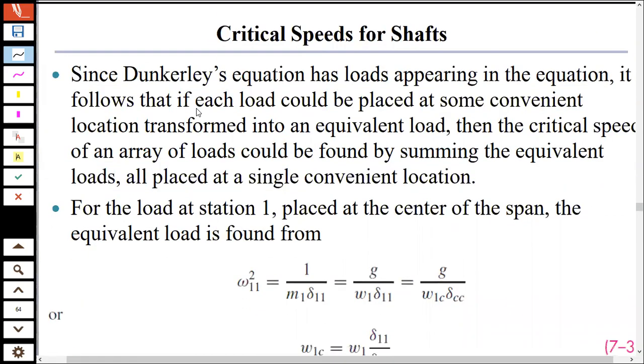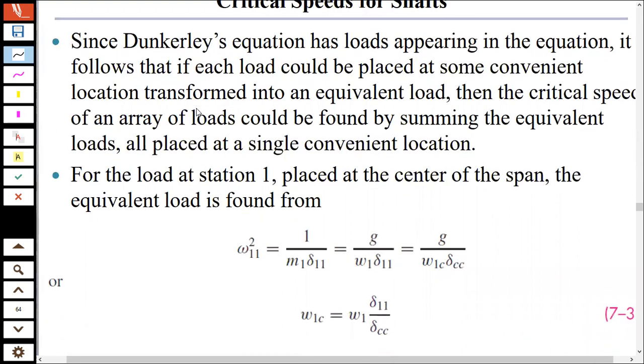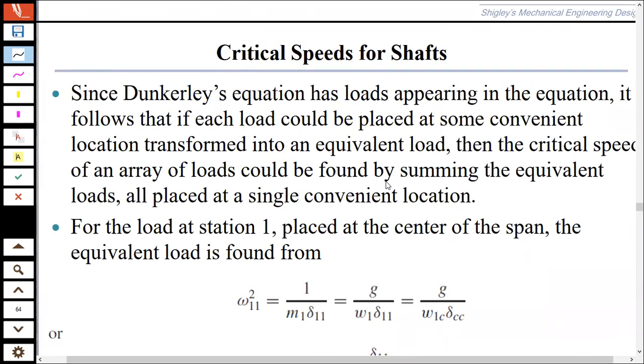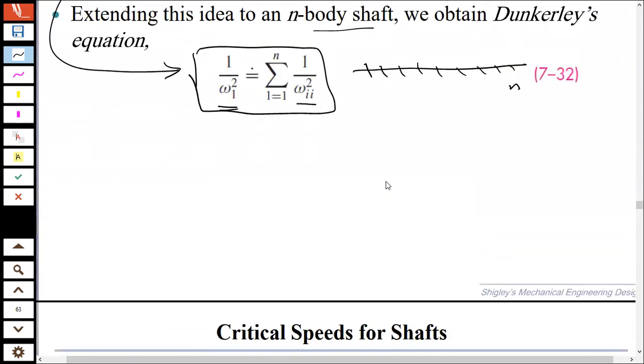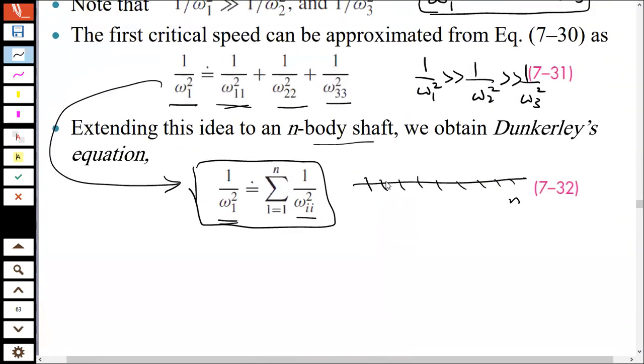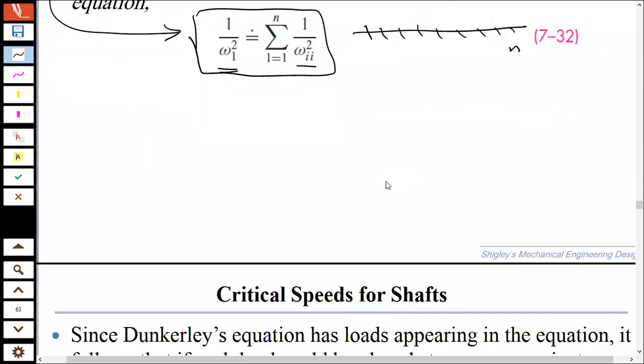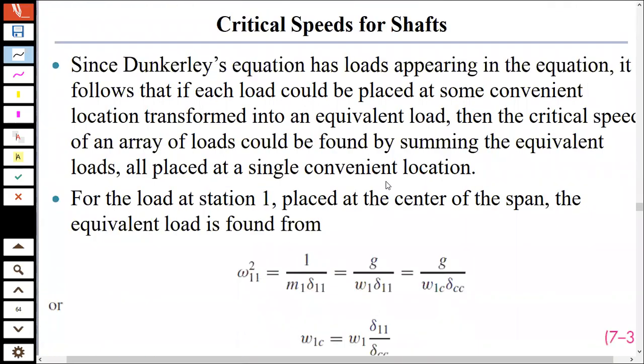Since Dunkerley's equation has loads appearing in the equation, okay, if you look over here, it follows that if loads could be placed at some convenient location, transformed into equivalent loads, then the critical speed of an array of loads could be found by summing the equivalent.